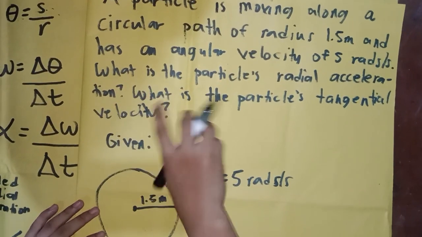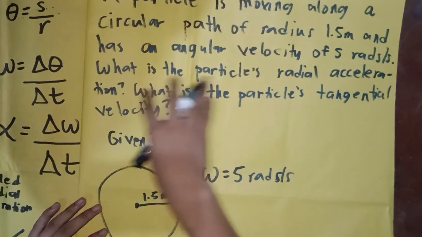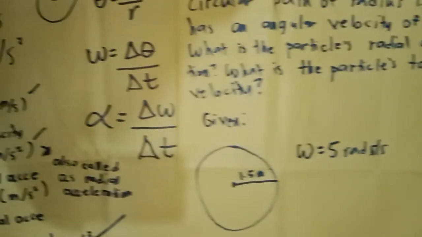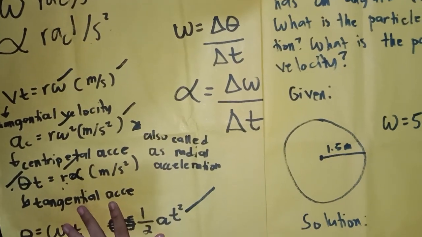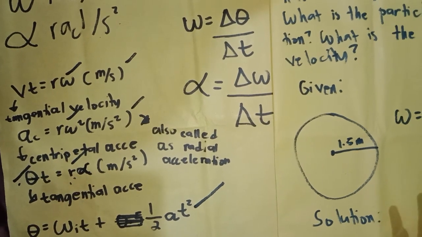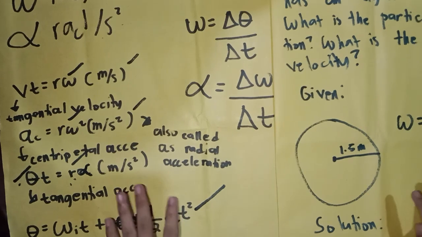The first question is, what is the particle's radial acceleration? Centripetal acceleration is also called radial acceleration.